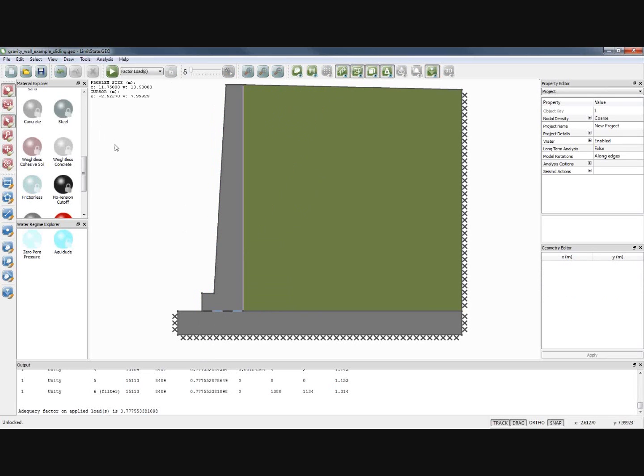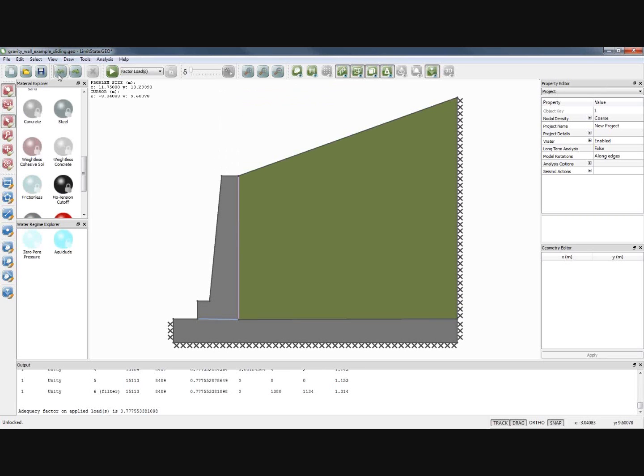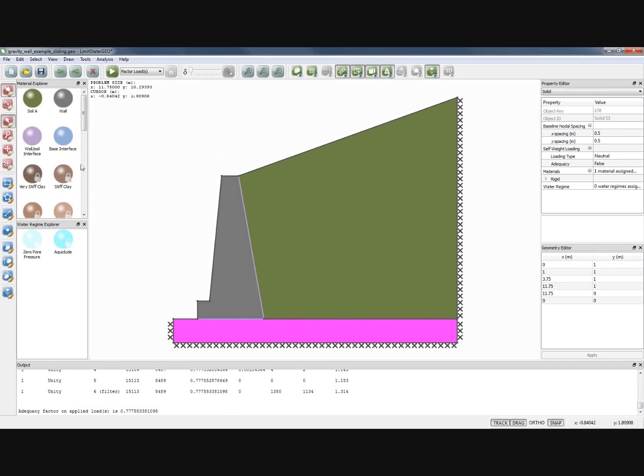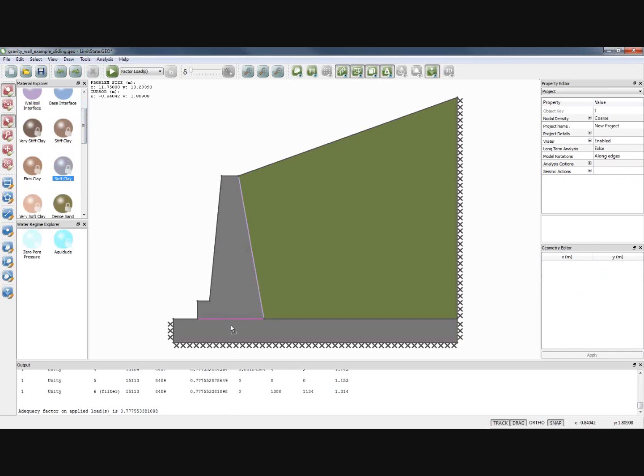Now, that kind of illustrates toppling, but more often we're more likely to get a kind of bearing or eccentrically loaded bearing failure on the base of the wall. So if I just revert the geometry back to where we were originally, we'll replace that base material here, which, as I said, effectively represents rock, and we'll put a soft clay in there, and then we solve that.